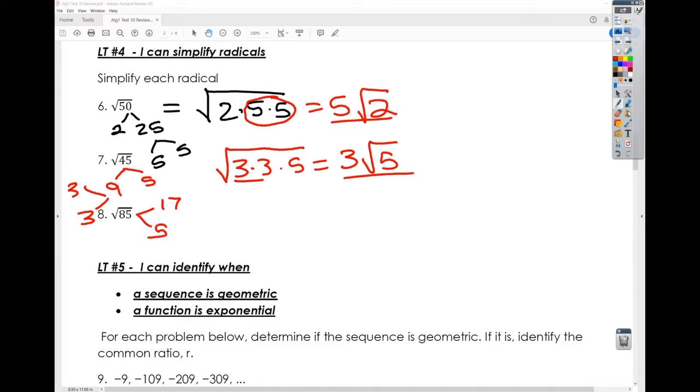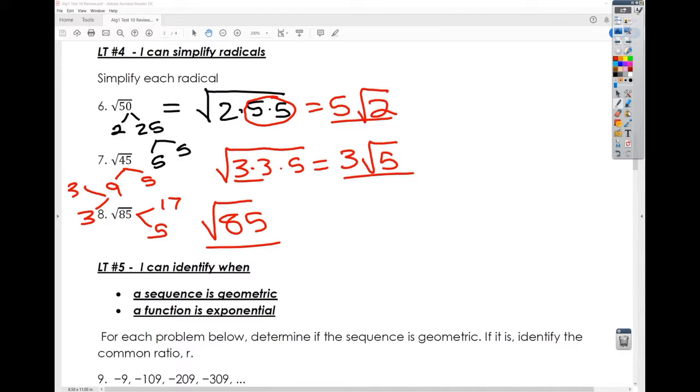And 17 and 5 are prime numbers, so they cannot be broken up any further, and there's not going to be a pair that would match up in this case. So therefore, we would say that this is already simplified. There's nothing that we can do to simplify that. So that's just going to stay as the square root of 85.